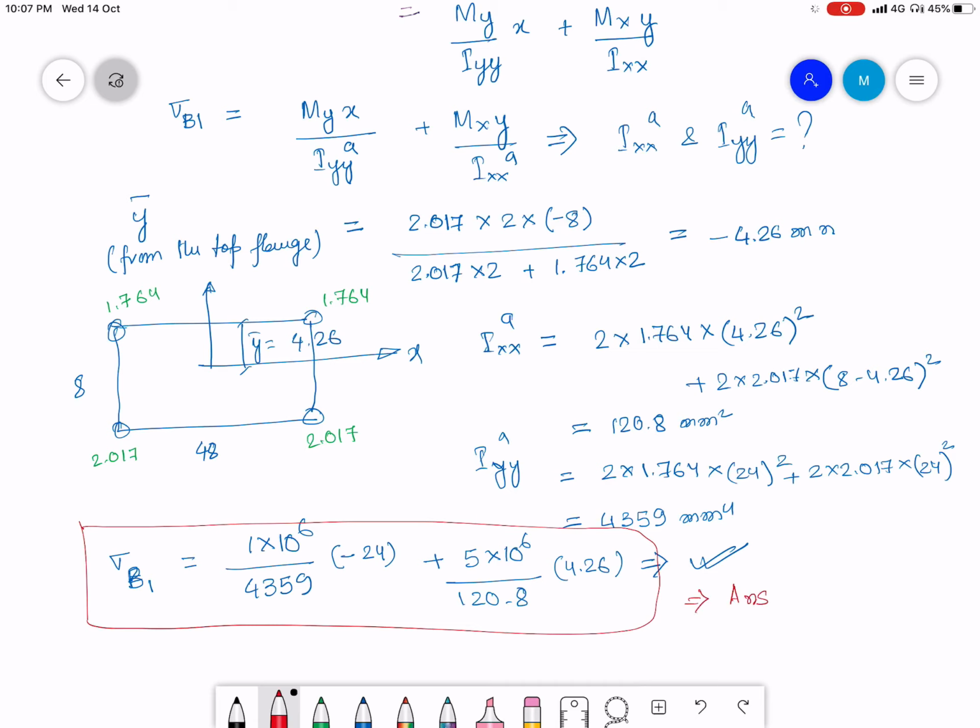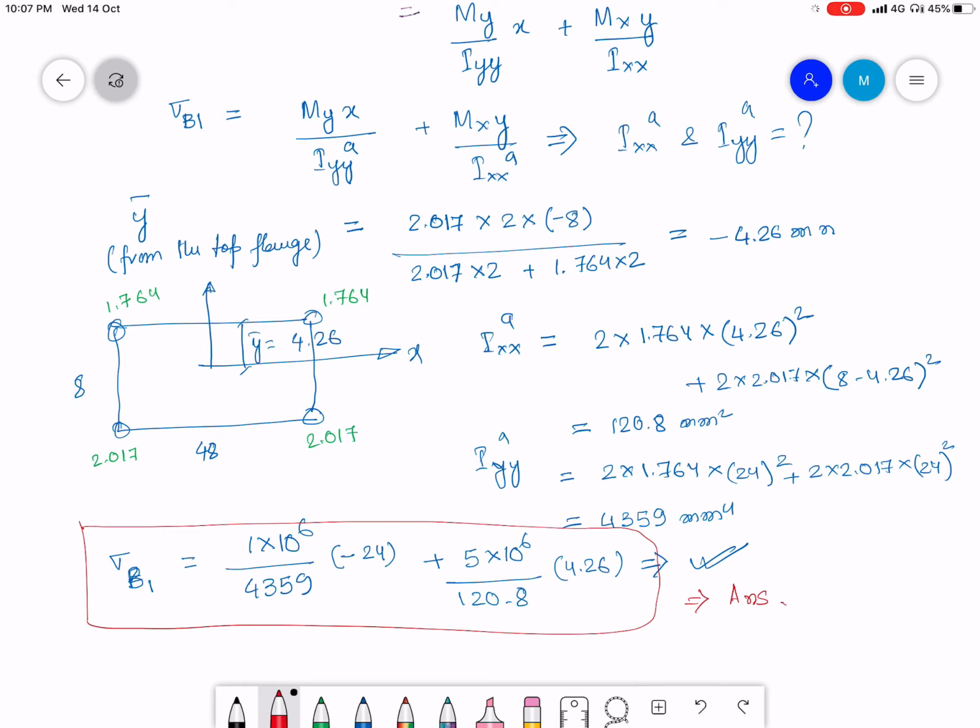So what we have done is idealize the cross section, find the location and area of the booms, and find the approximate stress that develops in boom 1. This approximated stress will help us in the design process.